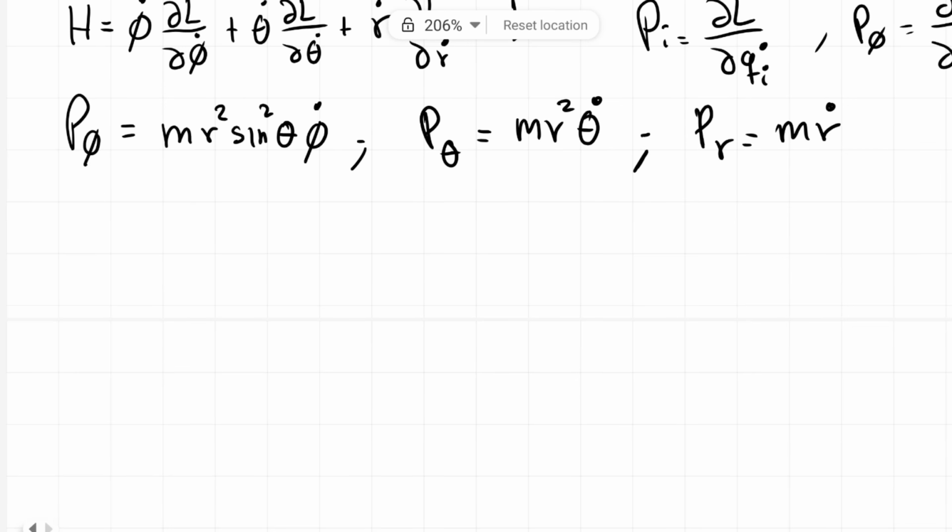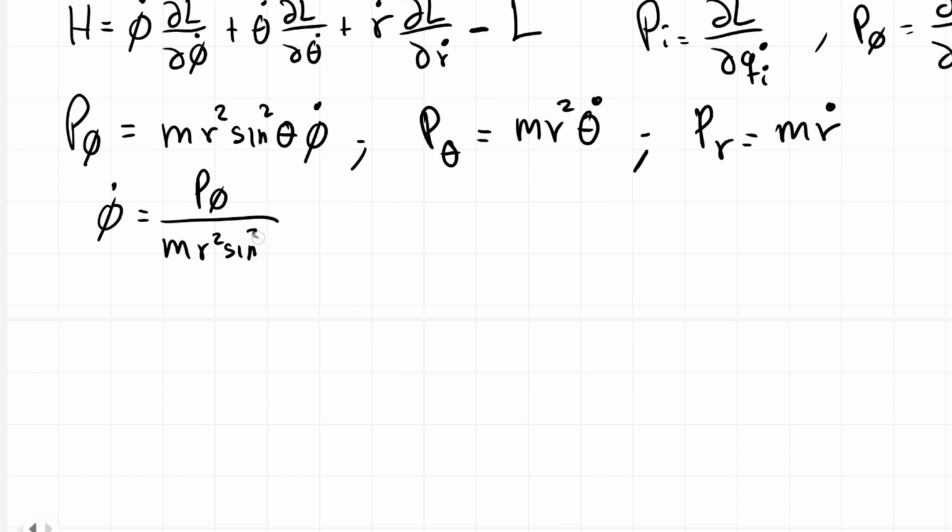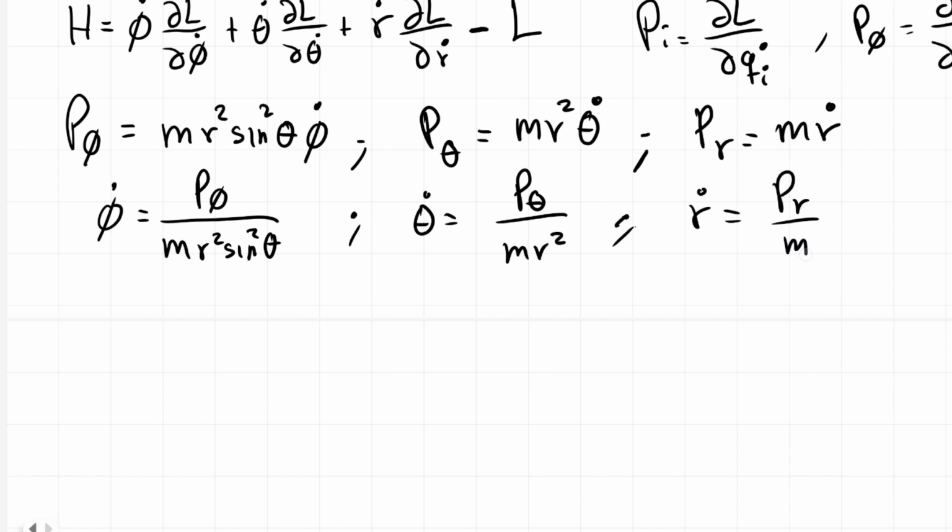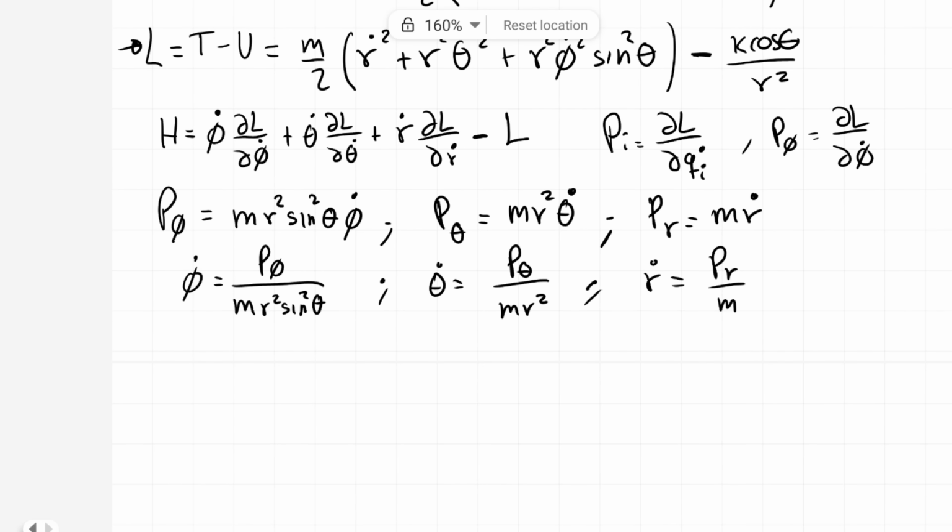Okay, with this, remember that we need to solve these equations for the dot variables. So phi dot is going to be p phi divided by m r squared sine squared theta. Then theta dot is p theta divided by m r squared, and r dot is p r divided by m. So we need to take this into the Hamiltonian definition.